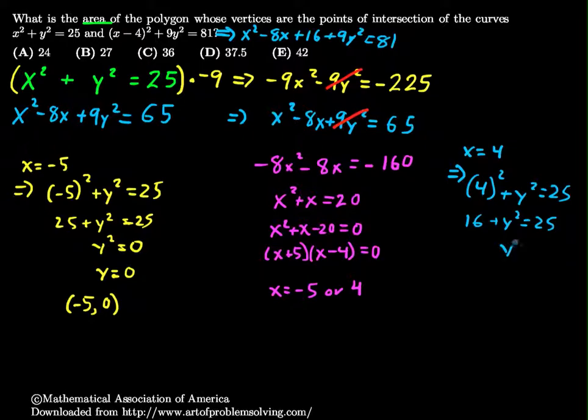Subtract 16, y squared is 9. And y is then plus or minus the square root of 9, which is 3. I didn't need a plus or minus before because 0 is 0. So the other 2 points are (4, 3) and (4, -3). I have 3 points.